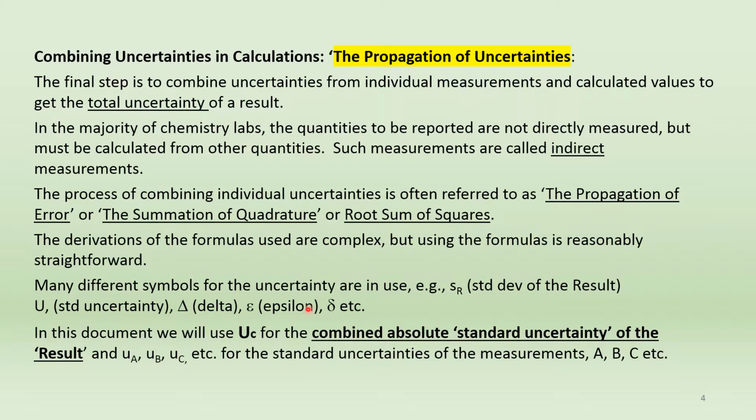Now in this document we will use the uppercase U sub c for the combined absolute standard uncertainty of the result, and we'll use lowercase u sub a, u sub b, u sub c, and so on for the standard uncertainties of the measured values a, b, and c. And these symbols are recommended by GUM.